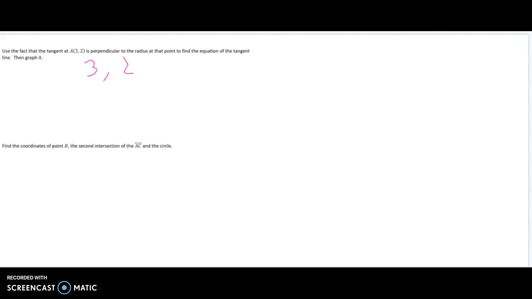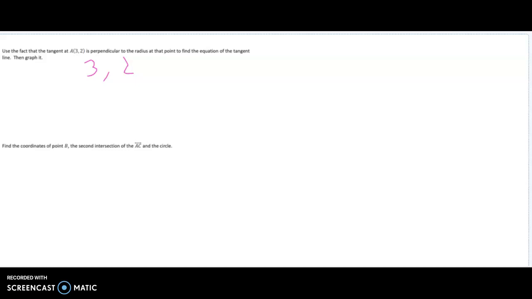If that is 3, 2, what you're going to end up doing is having to flip the slope here because it's got to be perpendicular. So you do the opposite.